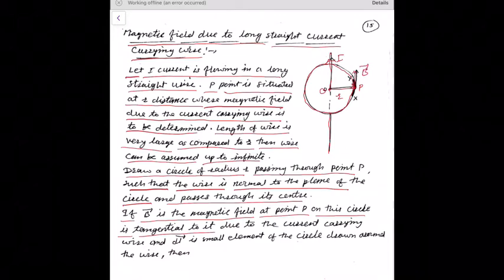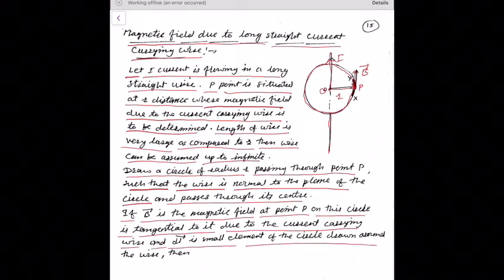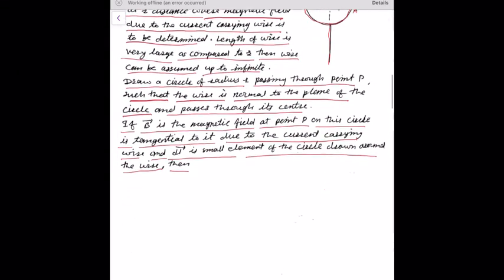Here the magnetic field B is tangential, due to the current carrying wire, and dl vector is a small element of the circle drawn around the wire. Here the small element XY has length dl vector.